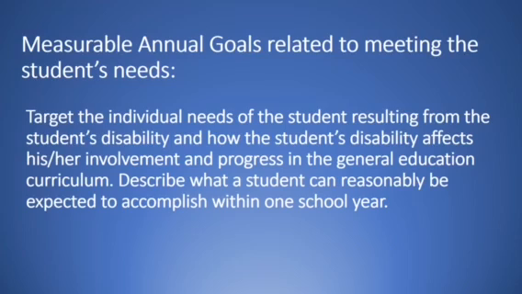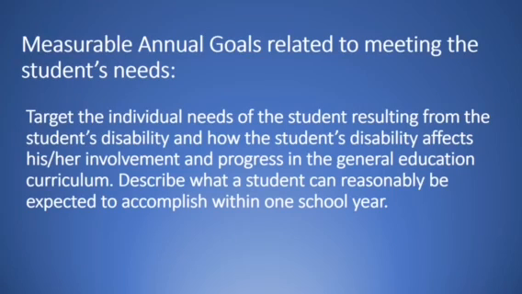We need to be sure that the measurable annual goals are related to meeting the student's needs. We should target the individual needs of the student resulting from their disability and how that disability affects his or her involvement and progress in the general education curriculum.